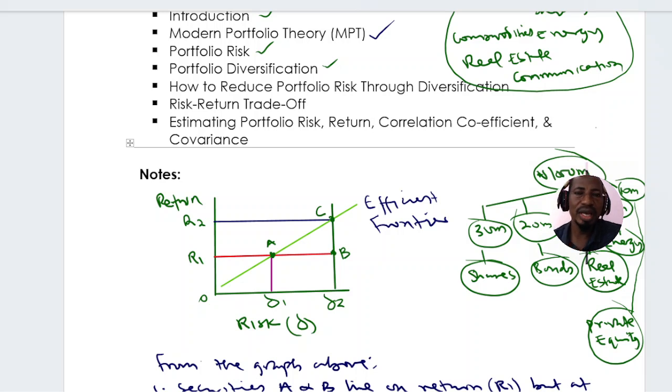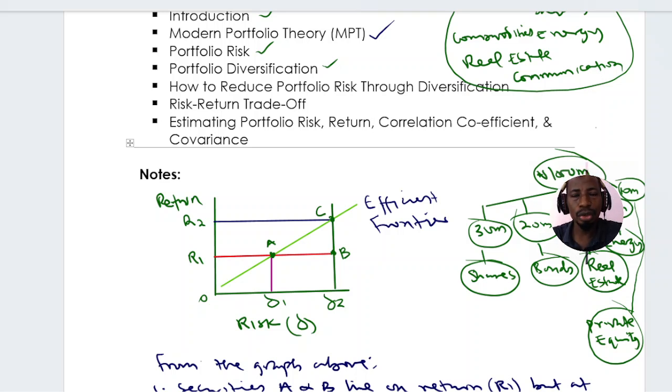So it is believed that when you diversify your investments across several industries, if a particular industry is volatile, then of course the other industries where you have investments will be stable, and that will reduce the risk of your portfolio.